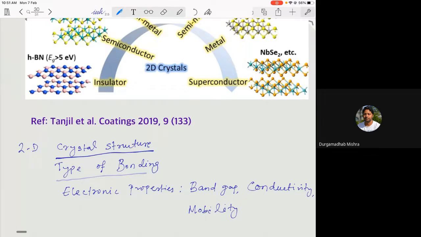The electric field is given by V, the voltage that you are applying, divided by the thickness, V by d. The electric field will decide how this inversion, or this N channel, appears. If you look at it simply as a MOS capacitor, you will understand that. It is very easy if you read it in the book.